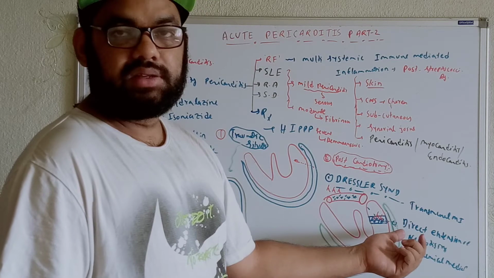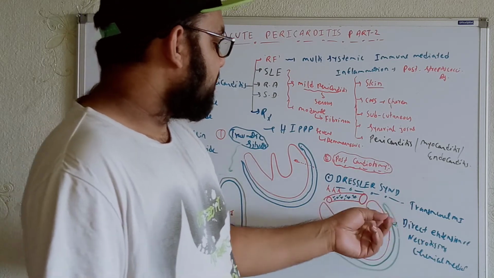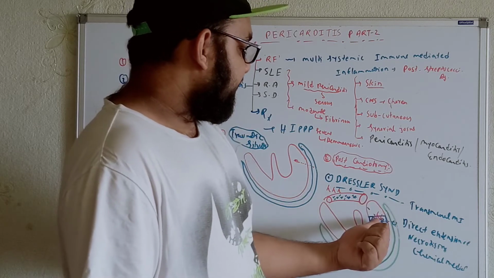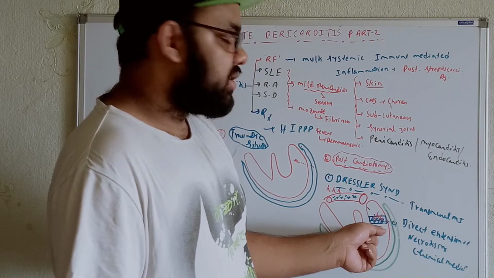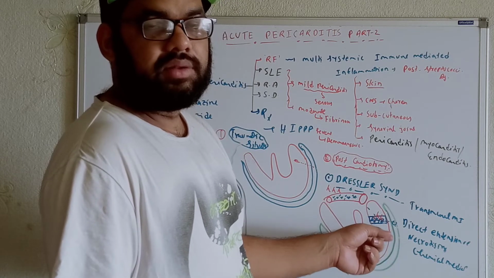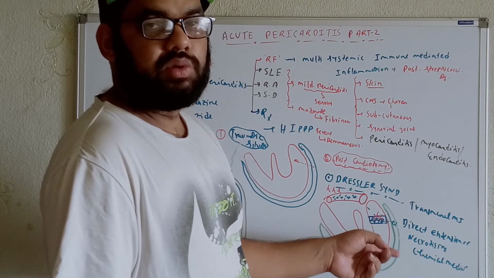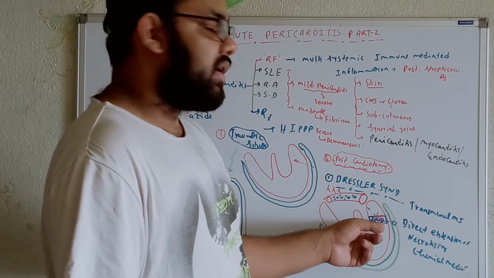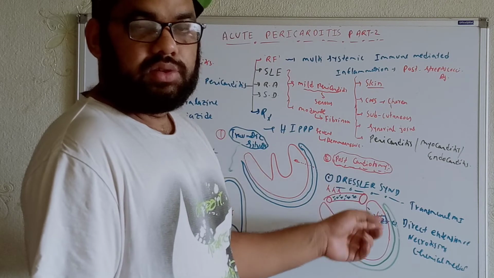You can say in terms of antigens, but it's better to say necrotizing chemical mediators. Whenever we see the direct extension of the necrotizing chemical mediators from the transmural myocardial infarcted area into the pericardium, we see the development of inflammation within the pericardium. So we can say we get pericarditis from the development of transmural myocardial infarction.